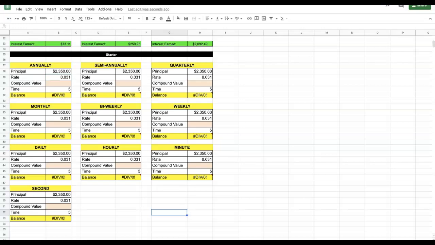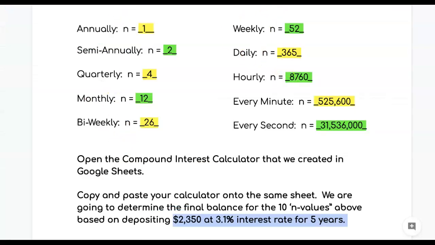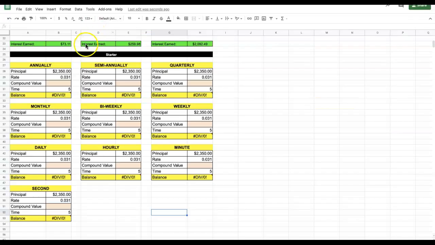So that's just the same words that we used here, and now we're going to use these numbers for the n value. So the n for annual is 1, semi-annually 2, quarterly 4, and so on. So go ahead and put these in now.